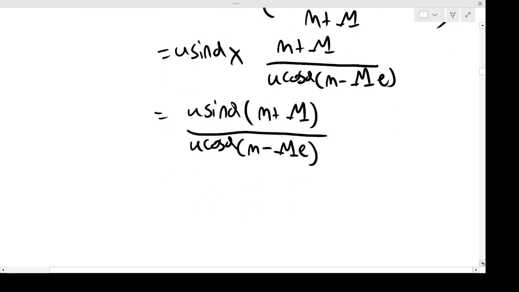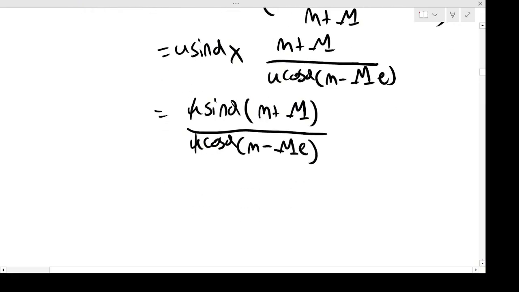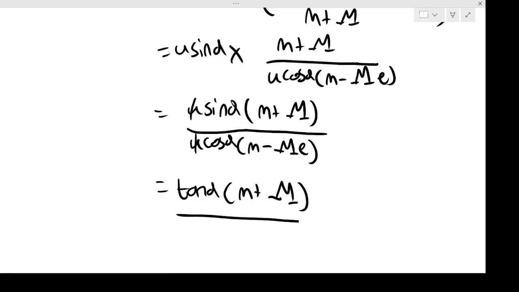Right, and then I can do a little bit of simplification. The U's cancel, and I get sine over cos of alpha. So that will go to tan alpha, right? So we get tan alpha, lots of (m plus big M), over (m minus eM), if I just do it the other way around, so e big M. Hopefully happy with that simplification, and that's tan beta.